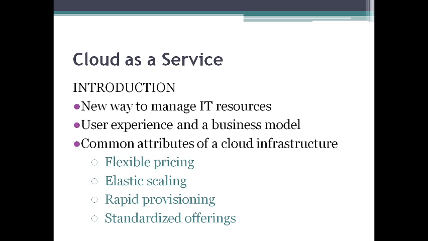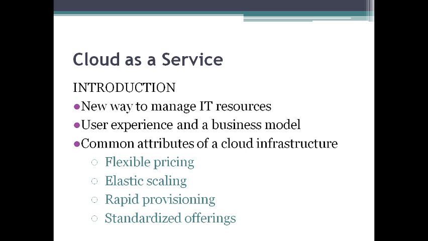So the common attributes of a cloud infrastructure are: the first one is flexible pricing. Whatever the utility you're using, you need to pay for that. You have variable payments, pay by consumption, etc. Second one is elastic scaling. You can scale up and scale down as the demand changes.